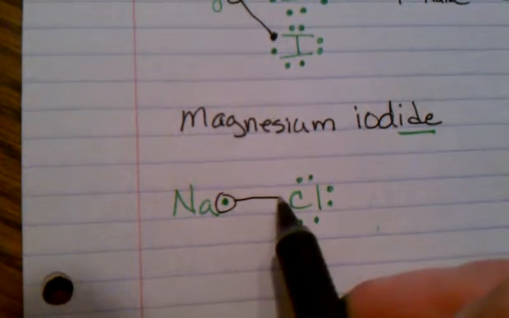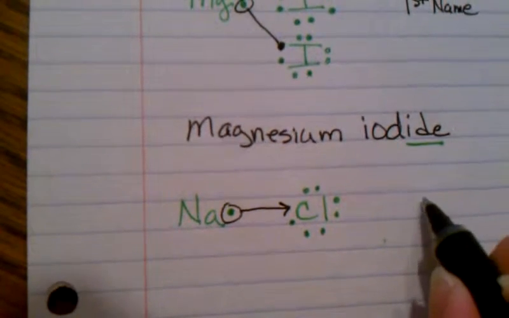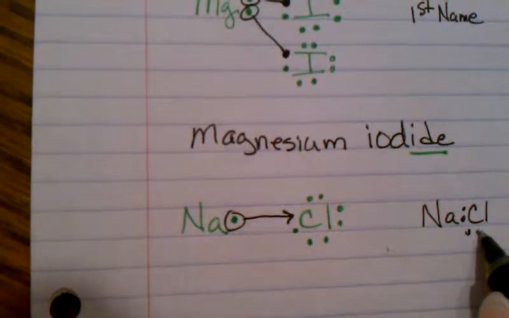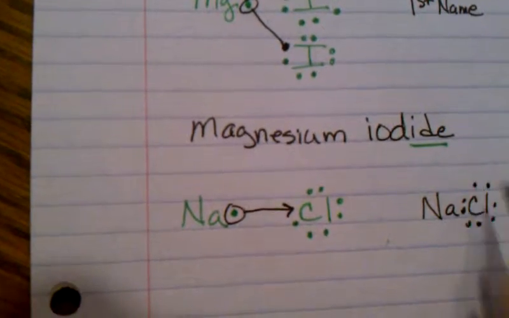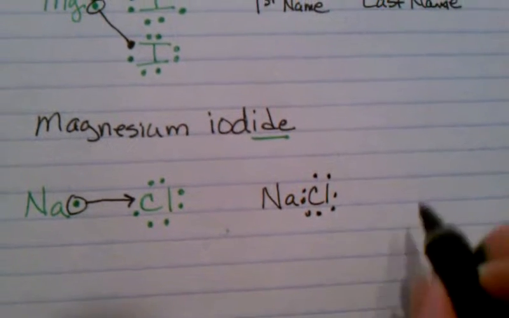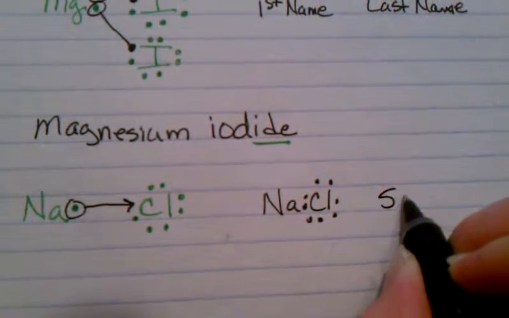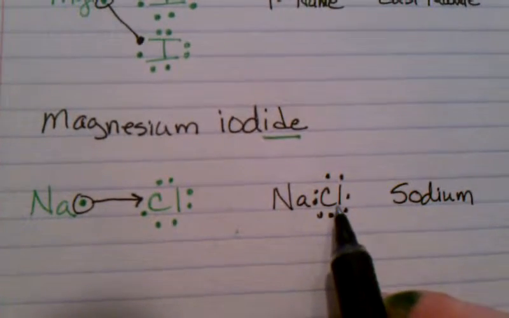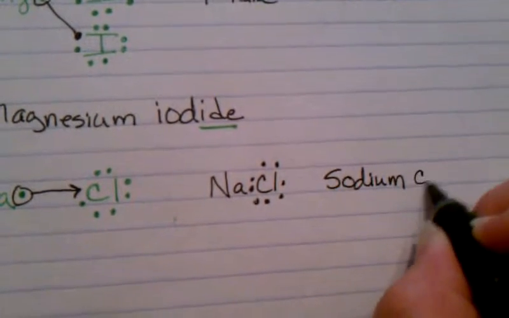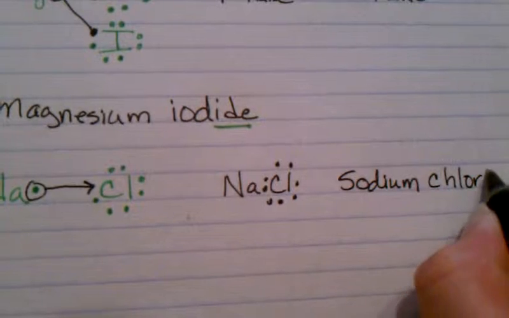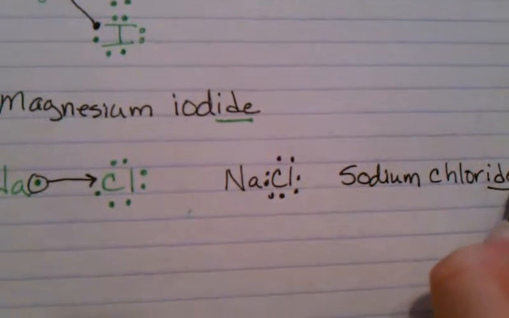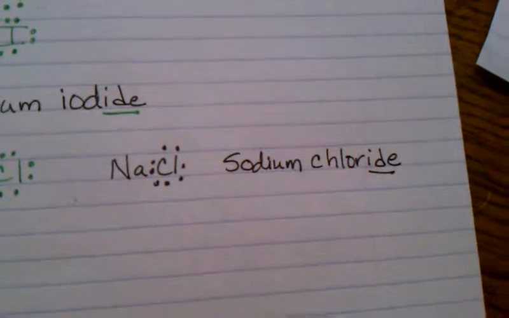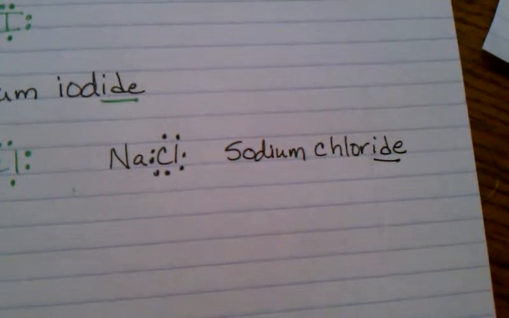So sodium is going to come over here, and now they're attached with 8 valence electrons, and they're very, very happy. So to name this, it's called sodium, and instead of chlorine, I'm now chloride. Because now we're married. It's like going from Miss Chlorine to Mrs. Chloride.